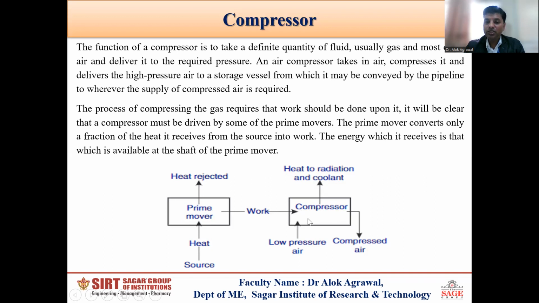While we give work to the compressor, air continuously comes inside the system, gets compressed, and gets stored in this storage vessel. When high pressure air is required, it is delivered at the required place. During this process, there is a loss of heat because of radiation, and there is also a coolant, because when we compress air, the pressure increases but the temperature also increases.